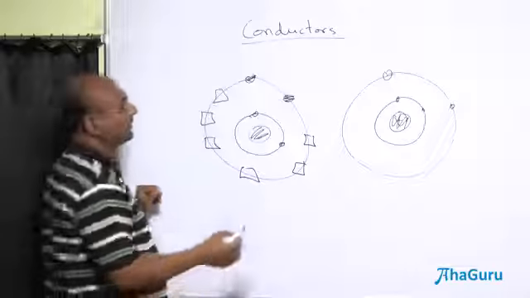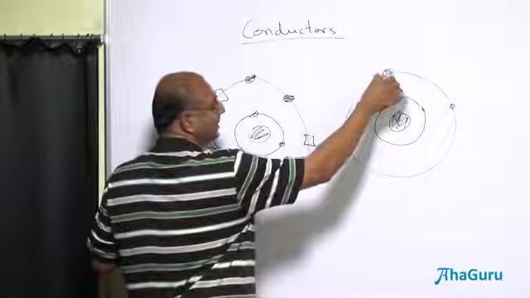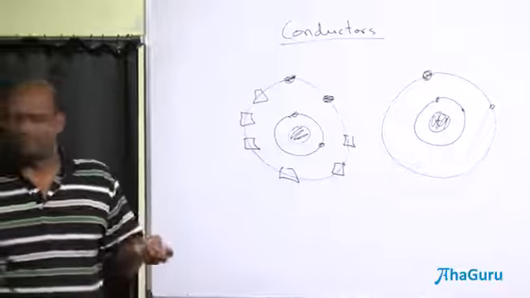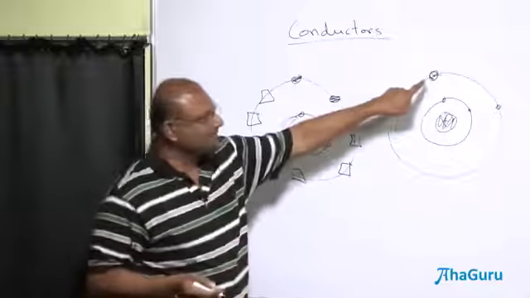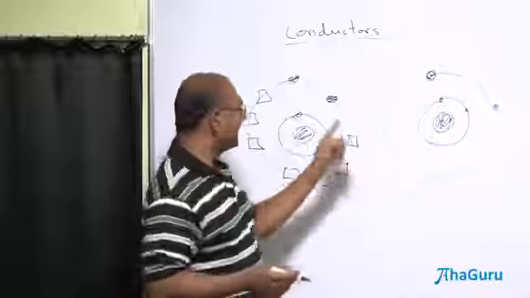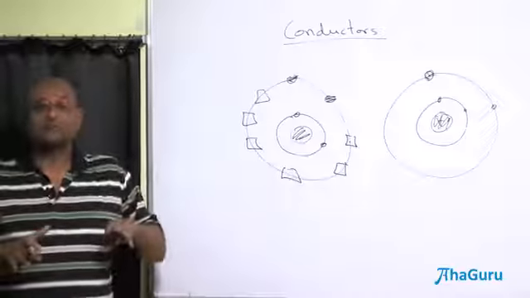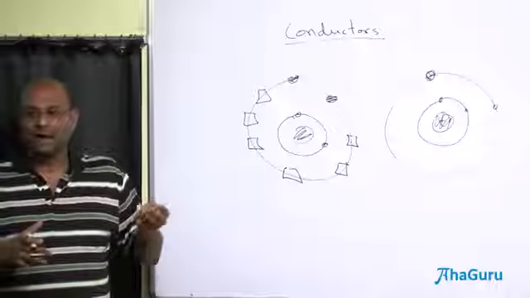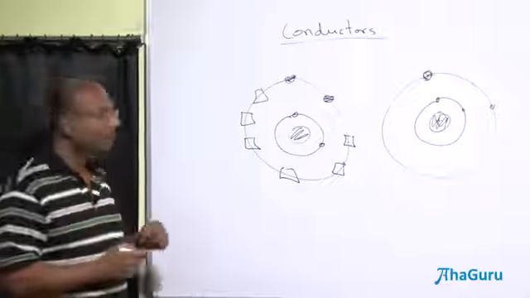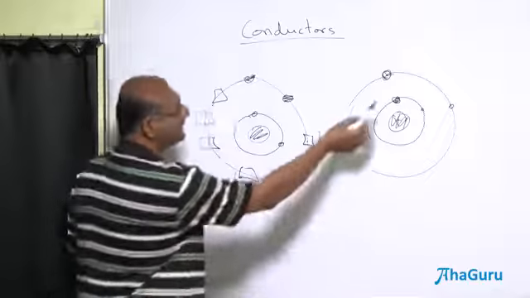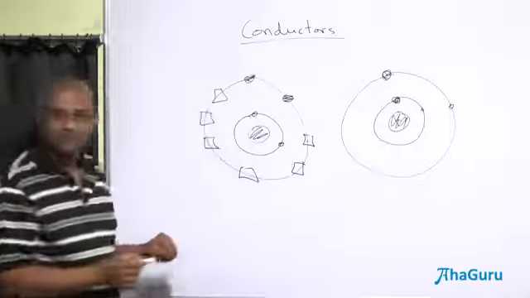Now, can this electron jump here? Yes, not too much of a problem. Its energy when it was there is the same as its energy when it is here. In the jump, it has not really had to pull in a lot of energy. You might say, well, I have so many spaces, why can't this other electron also jump here?